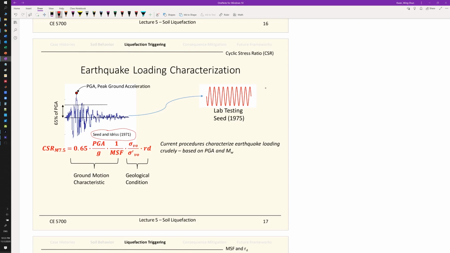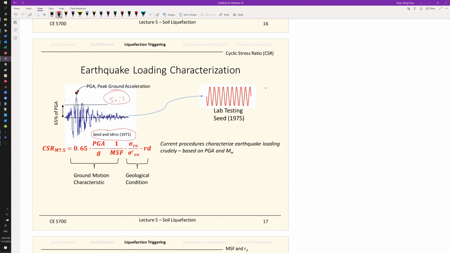So the whole idea is, if you have these ground motions, they need to be at the soil, right? That's why we need to do the site response analysis to convert the bedrock level acceleration time history to the acceleration time history at the ground surface, because that's where liquefaction happens. Liquefaction happens in the shallow ground.